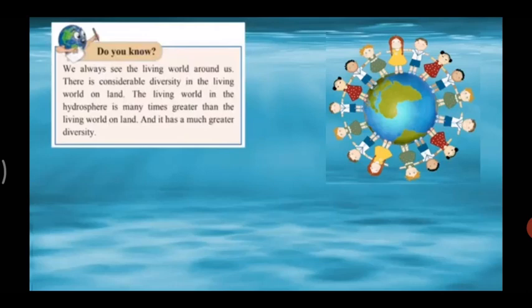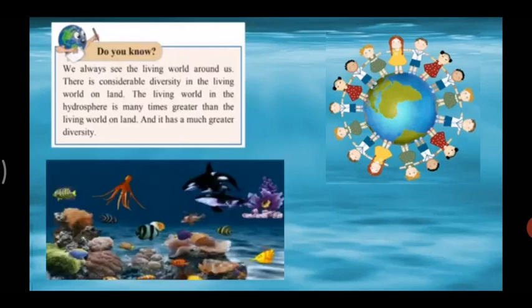Similarly, the living world in the hydrosphere, that means in the water, is many times greater than the living world on the land. That means in the oceans, it is more than the land, and it has a much greater diversity.